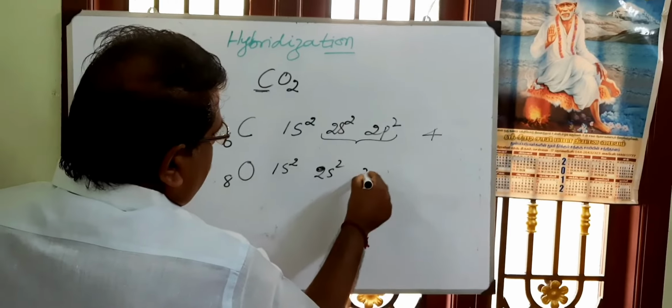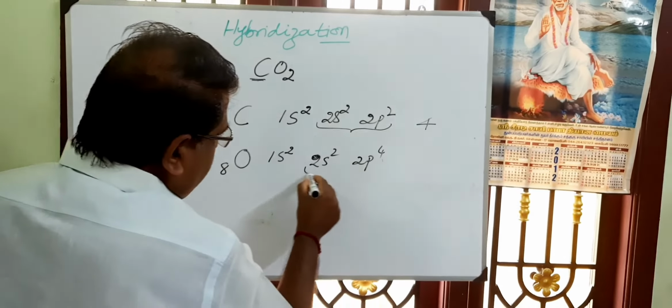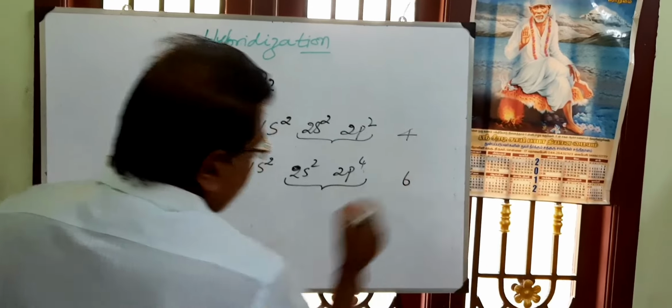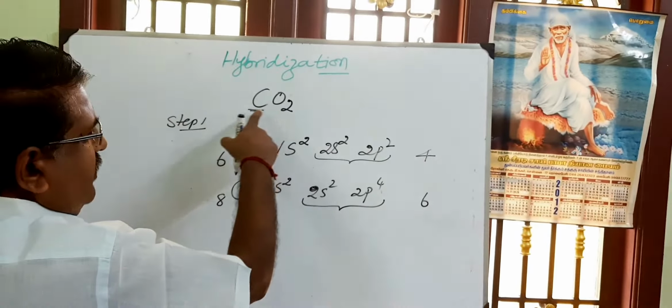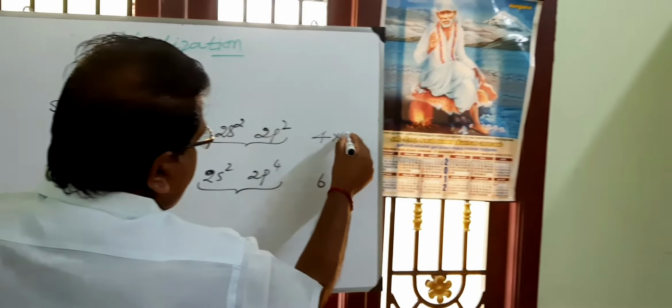Now consider oxygen. The atomic number of oxygen is 8. So the electronic configuration is 1s2, 2s2 and 2p4. The outermost shell is 2s2, 2p4. So the number of valence electrons of oxygen is 6. Now in carbon dioxide we have 1 carbon, so 4 into 1 is equal to 4.